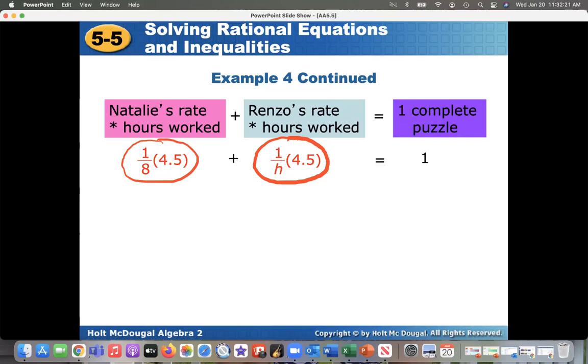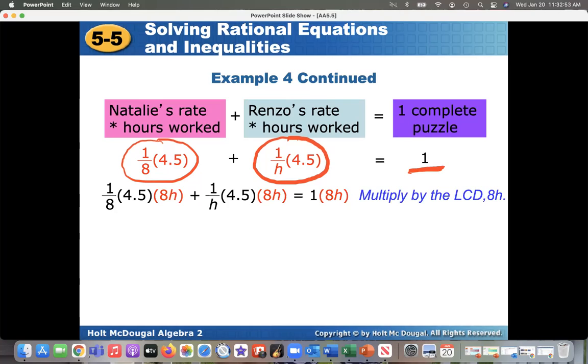And we know that in 4.5 hours, they can do one complete puzzle working together. Well, this is another rational equation. Any questions so far? These applications can be a little more difficult because you're not going to be given the equation. You have to set it up.